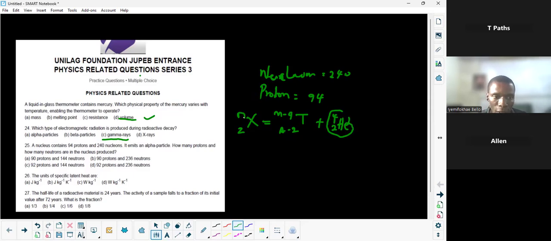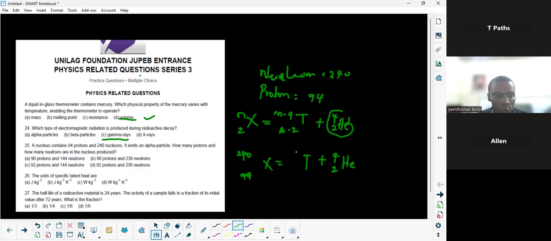Now let's continue. In the question, the parent contains nucleon, your mass number, which is 240. Your proton, which is your atomic number, is 94. When it decays, it produces 4/2 helium and also an element C. Remember, in alpha decay, your mass number is reduced by 4.